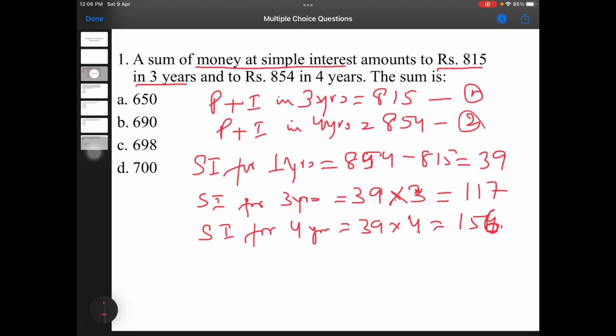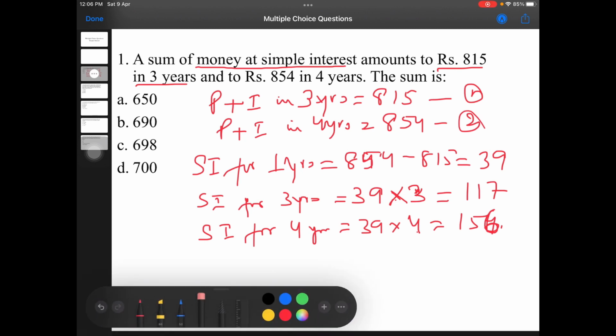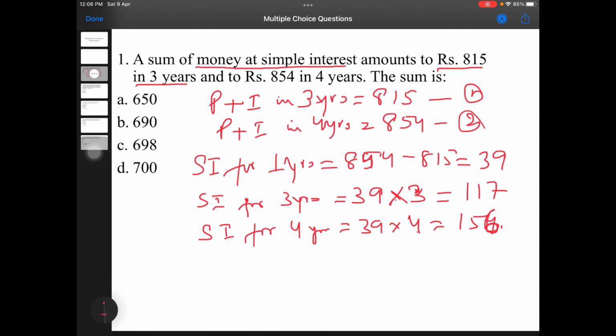So now after we find the simple interest for 3 years, we can substitute this data. Let's say this is equation 3, this is equation 4. Let's substitute the simple interest for 3 years in equation 1. So we found principal plus interest equal to 815 for 3 years. The simple interest for 3 years is 117.